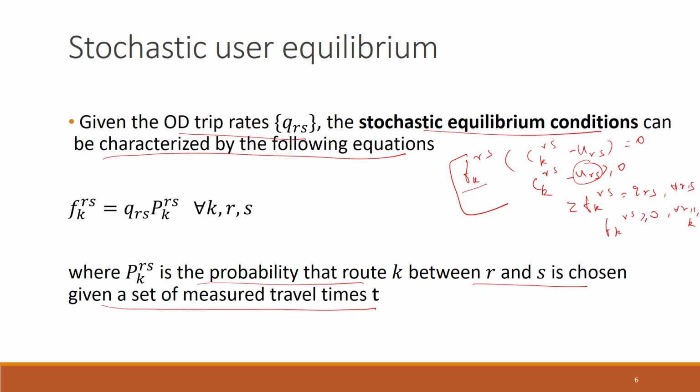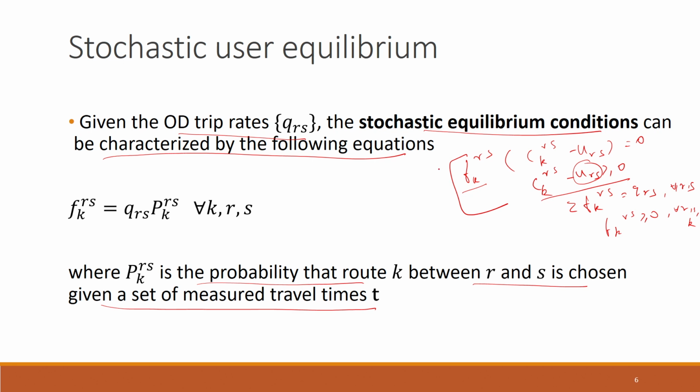Whereas if a path is unused from r to s, then f_k^rs is 0, and the only thing we can say is that the travel time on this path connecting r to s will be greater than or equal to the travel time on any used path connecting r to s. Okay. So these were the user equilibrium conditions.